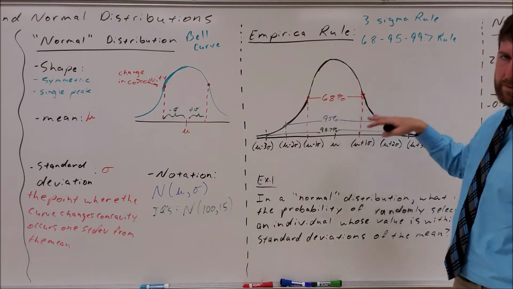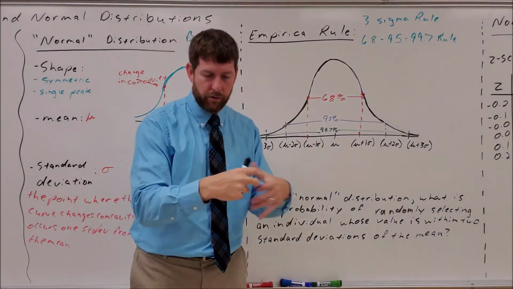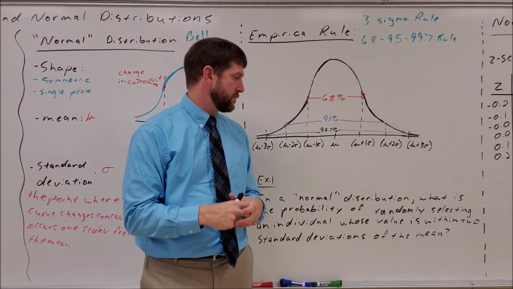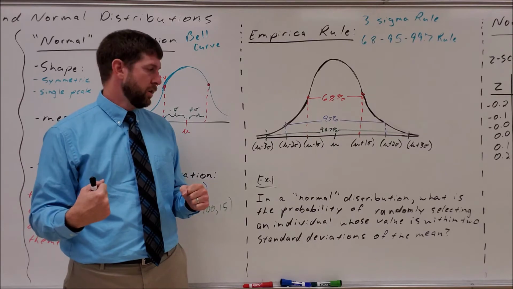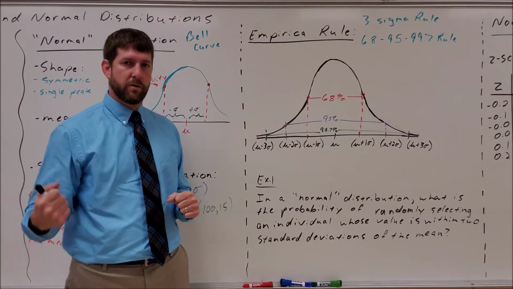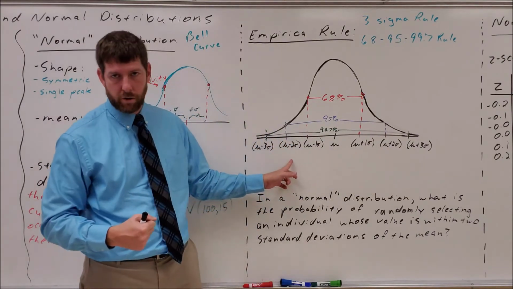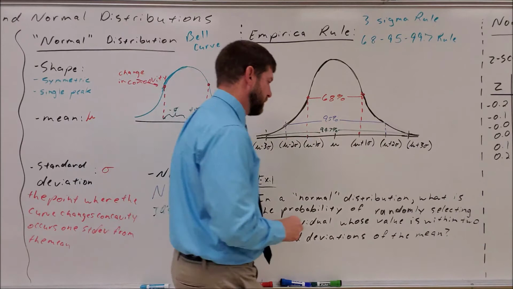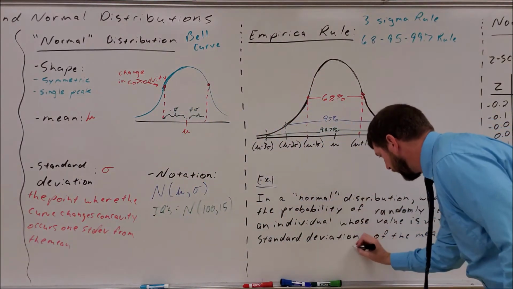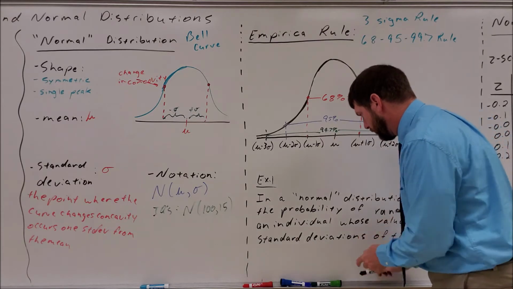So if I've got all the people represented by this graph, and I've got all their names in a hat, and I'm going to draw out one of those names, what's the probability that it comes from within 2 standard deviations? Well, the probability is that 95%, or 0.95.